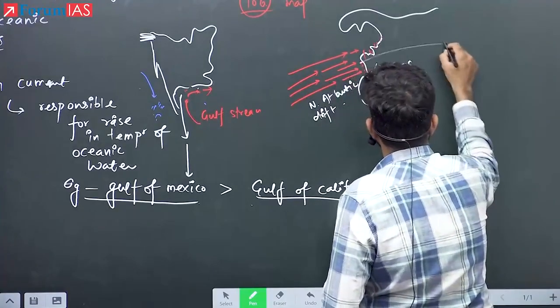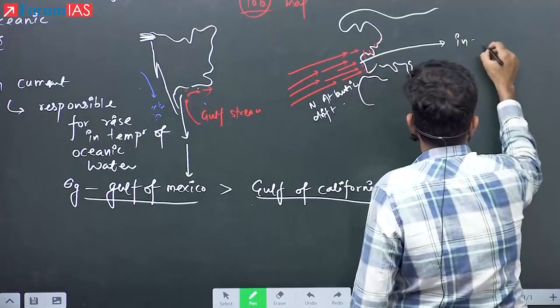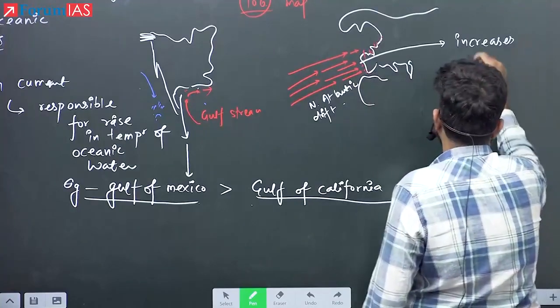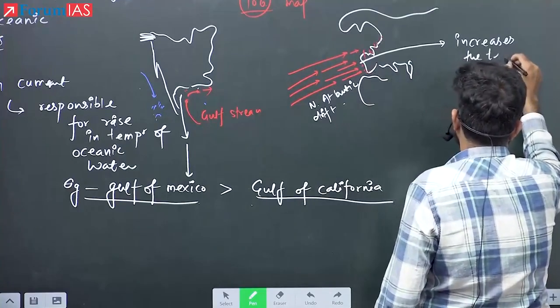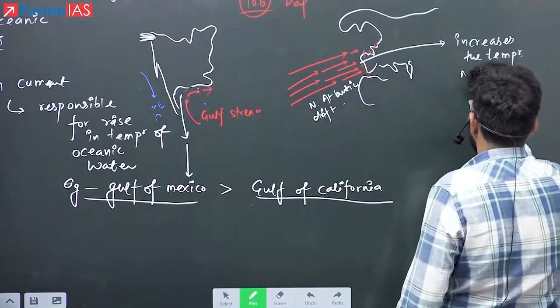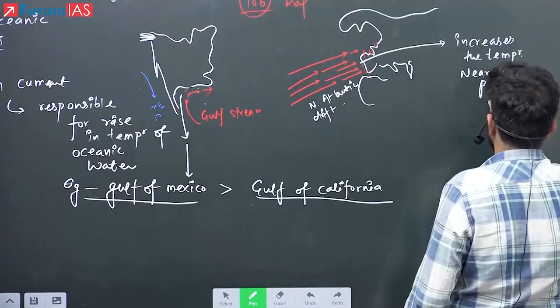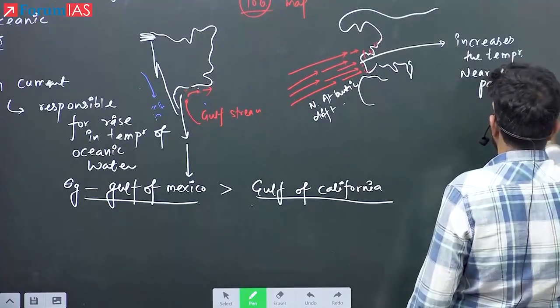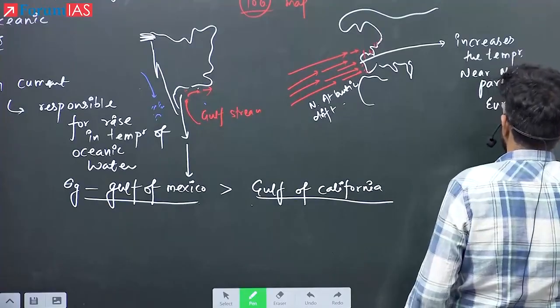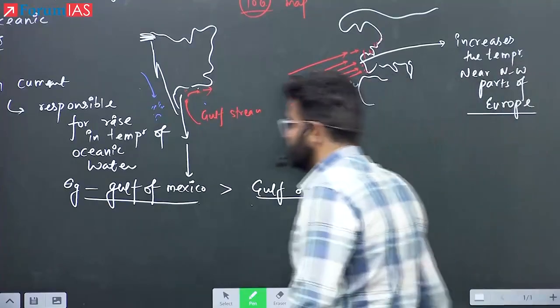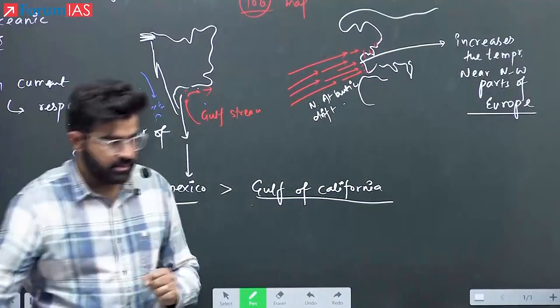increases the temperature near northwestern parts of Europe. So these are the two examples.